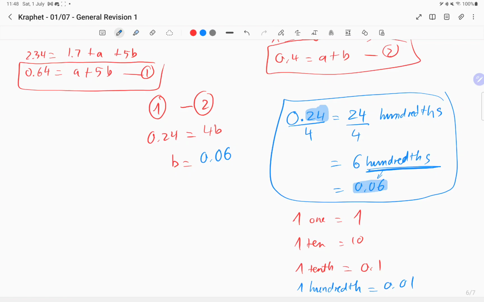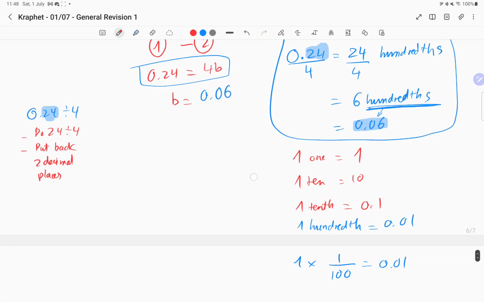Another way of thinking about this, okay, I'll give you another version. When you divide by 4, 0.24 divided by 4 is the same as do 24 divided by 4 and then put back 2 decimal places. Okay, because there are 2 decimal places, right? So you put it back.